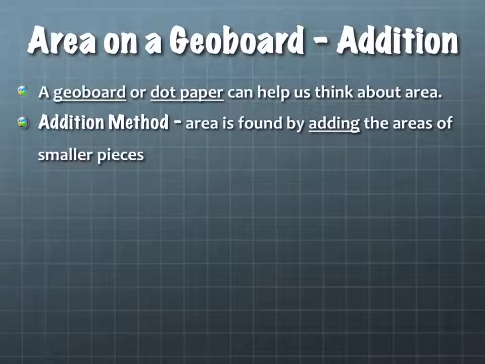So the addition method is area is found by adding the areas of smaller pieces. So usually what you have is some odd looking shape. It's not a square, it's not a triangle, it's sort of an odd combination of things. And you break it apart into simpler shapes in order to count the square units. And so this method is breaking it apart into simpler shapes to be able to count more efficiently.